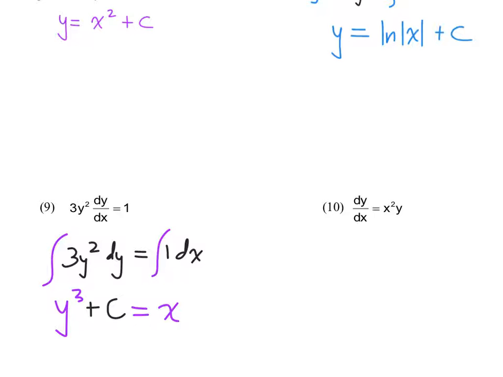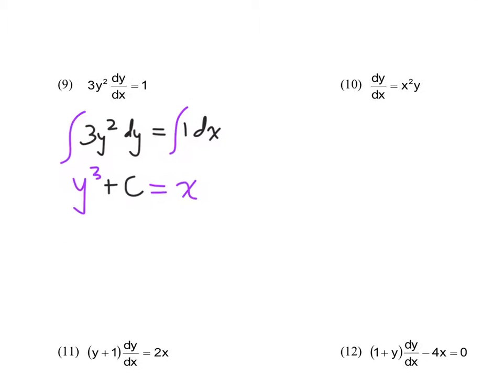You haven't solved for y and you haven't solved for x. So unless you want to introduce a cube root, which is well within your rights, if you did that, you'd be looking at y equals the cube root of x plus c, which is a perfectly acceptable final answer, but apparently not at the time that I made the answer key, because I guarantee you on my answer key it says that, but this is the better answer.